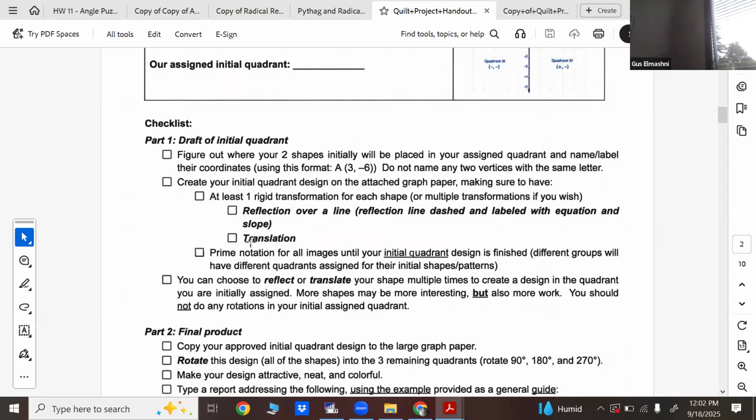I think you do a right triangle. Whatever you guys pick: rectangle, triangle, and square.